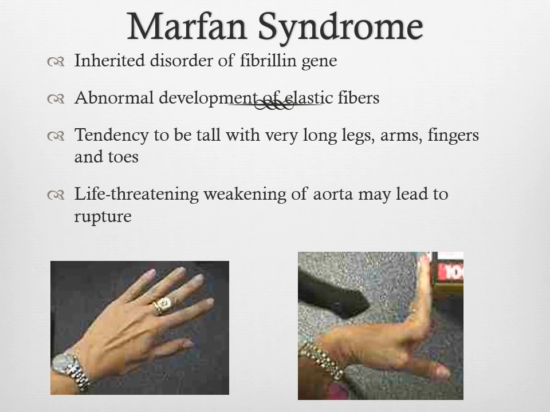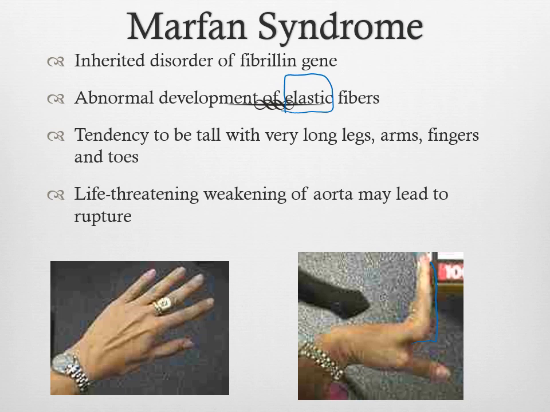Marfan Syndrome is an inherited disorder that creates an improper gene that codes for elastic fibers that are essentially extra stretchy. So it tends to affect elastic cartilage and elastic tissue. Places like the joints are able to be essentially extra bendy.